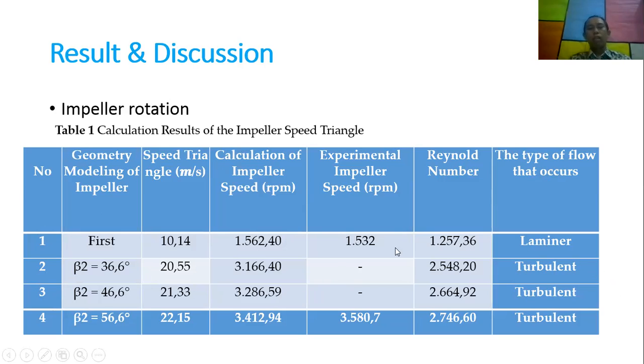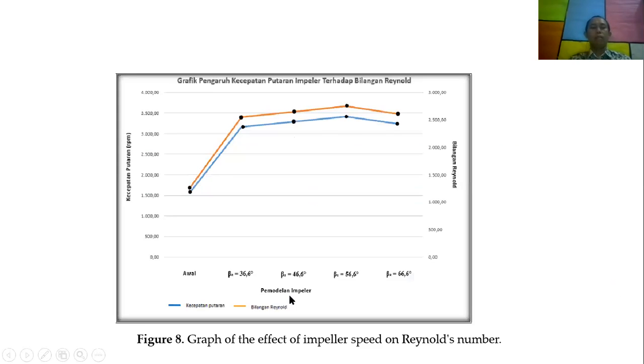So we can get the calculation here. And in this graph, the B angle: first 36.6, 46.6, 56.6, and 66.6. The maximum is at 56.6.